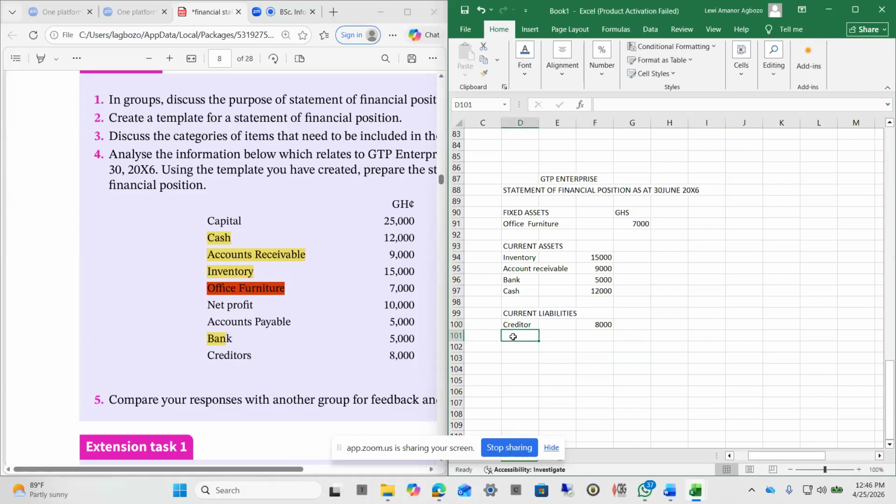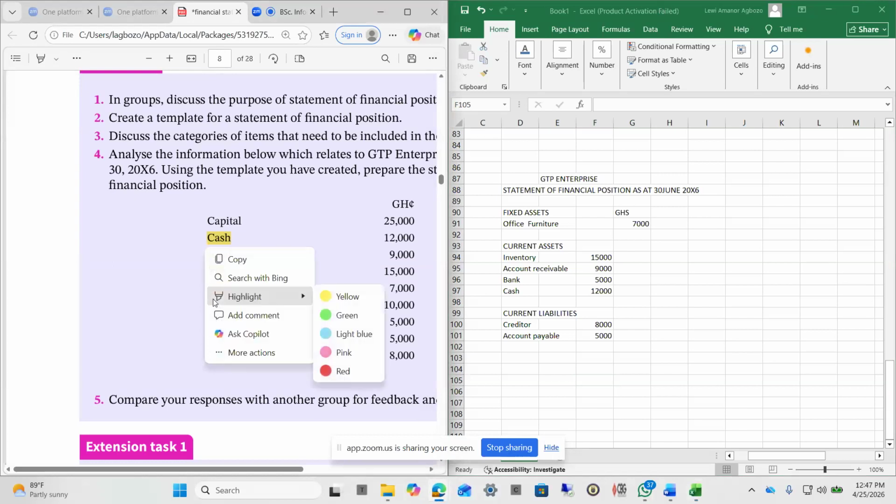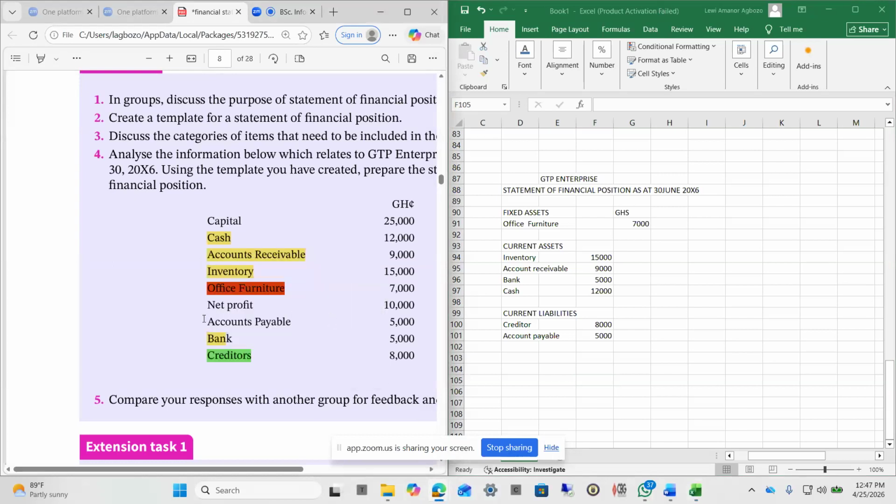Then we have accounts payable. Account payable, there are people we are owing. And how much is that? 5,000. This is account payable. So we have dealt with creditors, we have dealt with accounts payable.